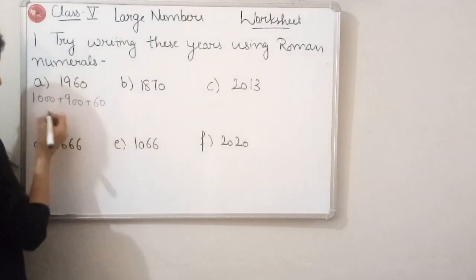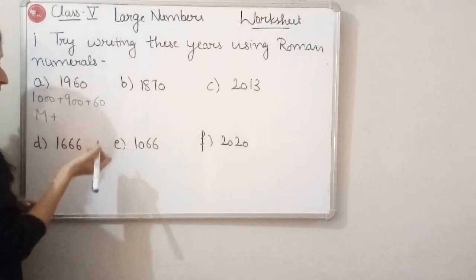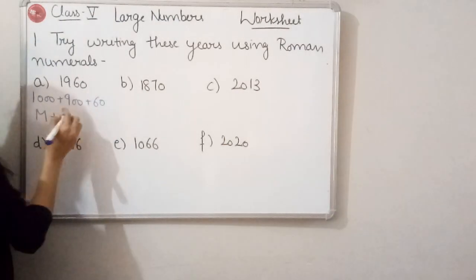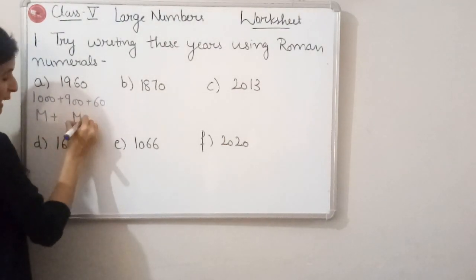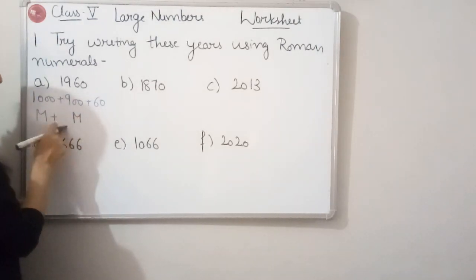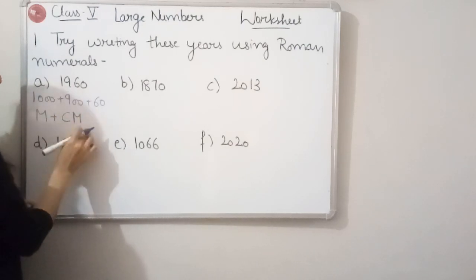How can we write 1000? We can write 1000 as M. And 900 means 1000 minus 100. 1000 is M and 100 is C. If we have to subtract, then we will write it on the left hand side. So this will be CM.